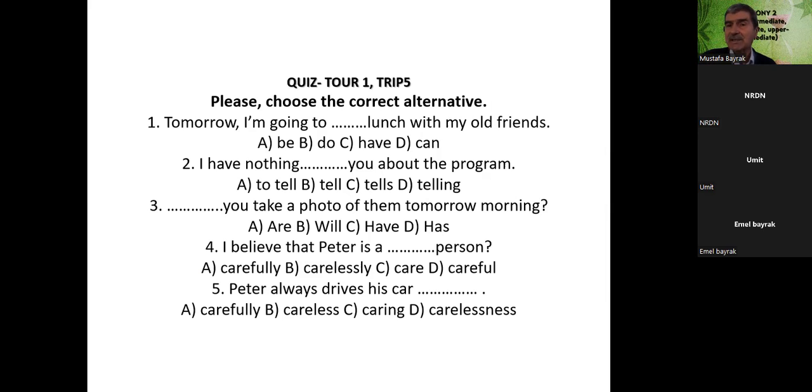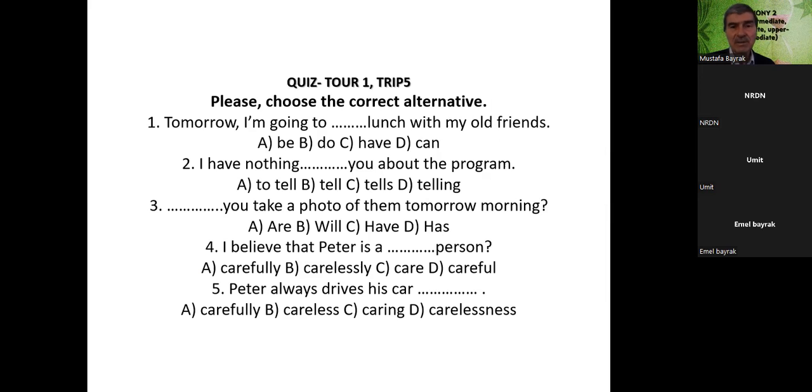We need an adjective. A careful person. I believe that Peter is a careful person. I believe that Peter is a tall person. A diligent person, a tactful person, a diplomatic person. Diplomatic adjective, pessimistic, optimistic adjective.